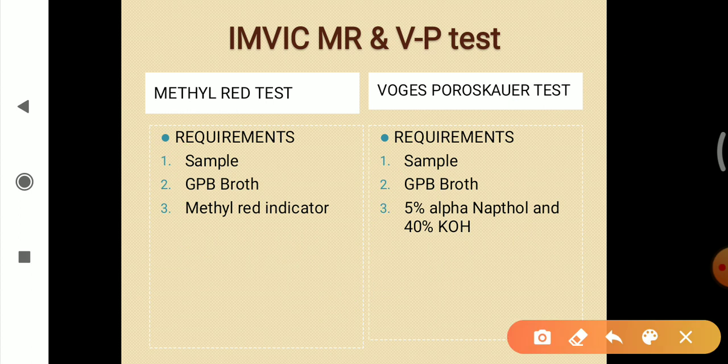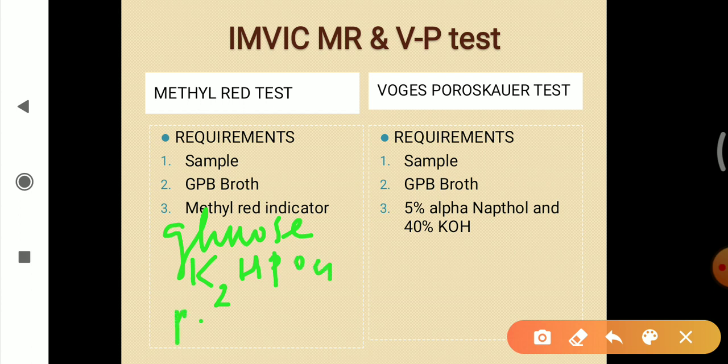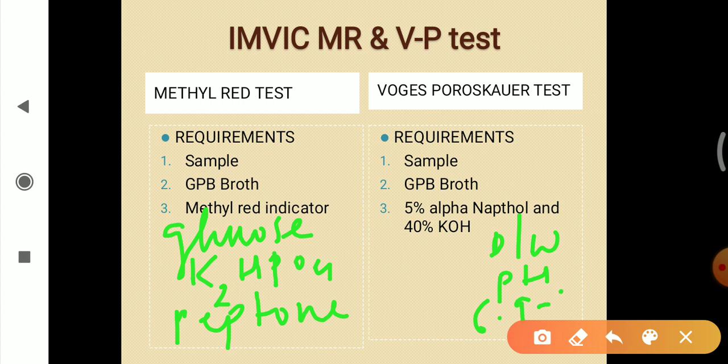Before we go further, we should know about the composition of the GPB broth. The GPB broth consists of glucose, K2HPO4, peptone, distilled water, and pH is maintained around 6.9 to 7.0.